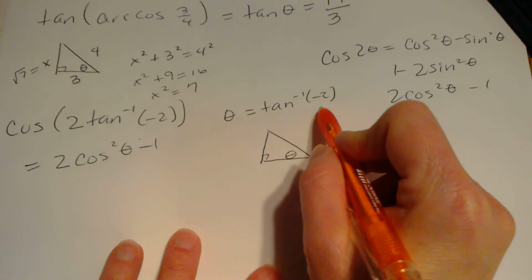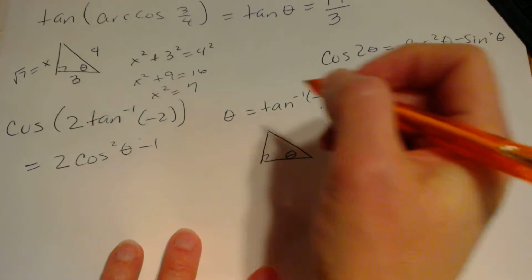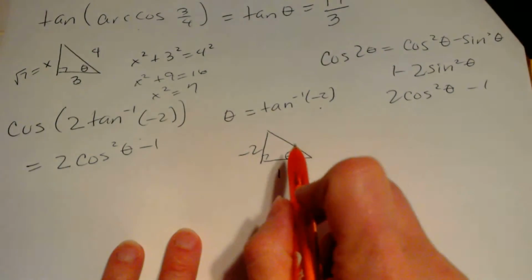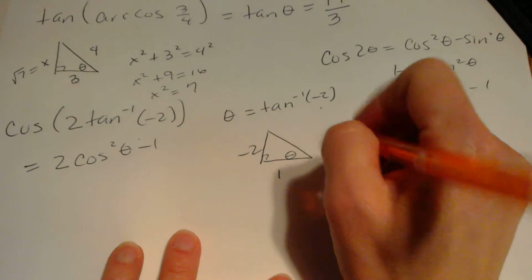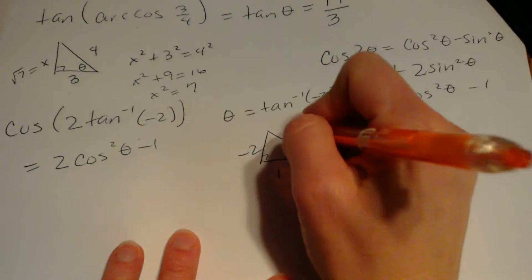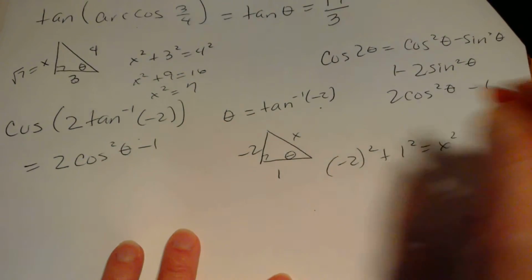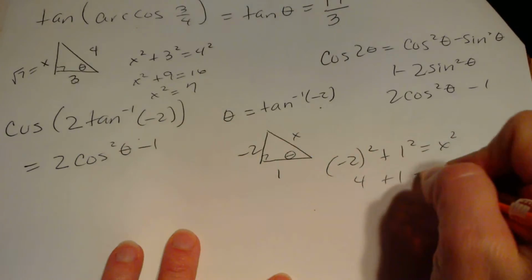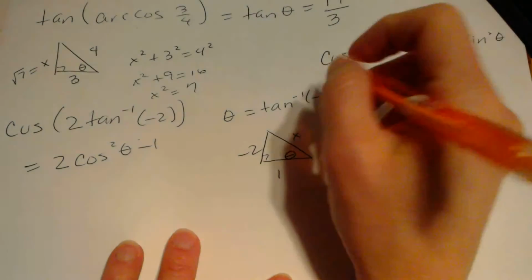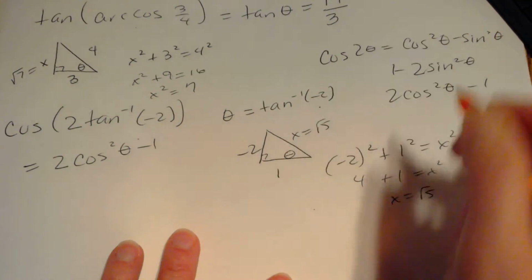Tangent is opposite over adjacent, so it's -2. My adjacent would be 1. So I just need to find my hypotenuse. So -2 squared plus 1 squared is x squared. So it's 4 plus 1 equals x squared. So x is going to be the square root of 5. So that's my hypotenuse.